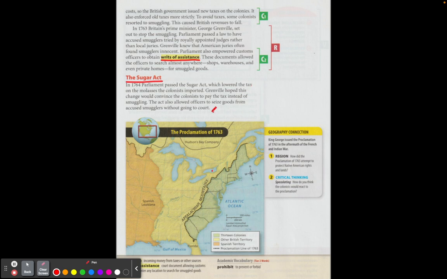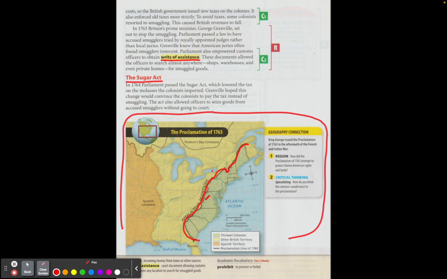Okay, and down here you have a map. It's important to pay attention to this map because this map will show you what is called the Proclamation of 1763. Okay, and this dividing line here pretty much straddles the Appalachian Mountains. The colonists had to stay in this area here.